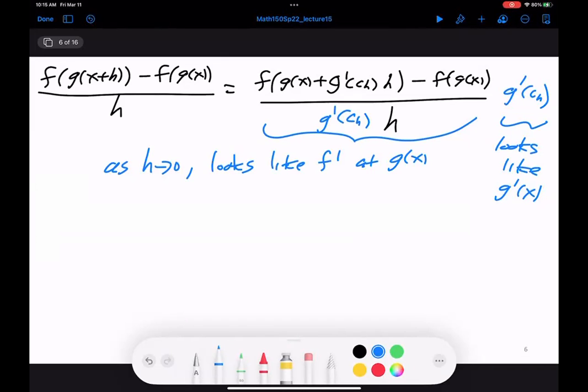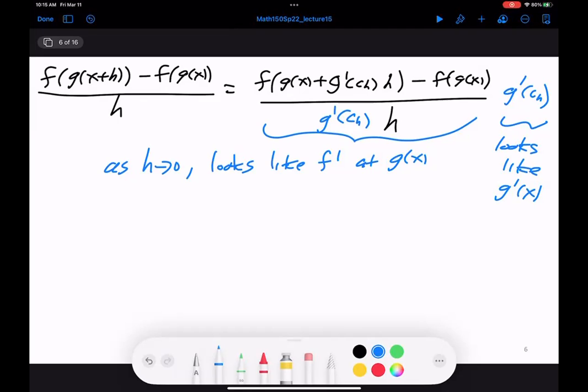And so why not just take the special path? And so if I take the special path, now I've got the same little boost in where I'm evaluating f in the numerator as I have the difference in the denominator. Instead of having h, I have g prime c of h.